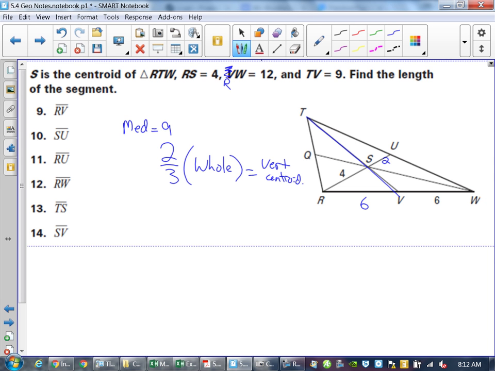You don't have to write that all out. I'm just writing it so you guys remember what's going on. So 2/3 of that whole chunk is that vertex to centroid. So what's 2/3 of 9? 6. 2/3 of 9 is 6, which means this part is 3.